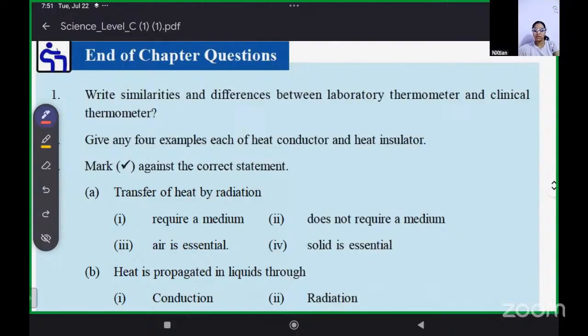Is it that the laboratory thermometer is kept in ice cubes, but the clinical thermometer is not? That is also there, Abraham. Yes, that is there. But this major point is another thing. Okay, ma'am, just give me a minute. Yes.